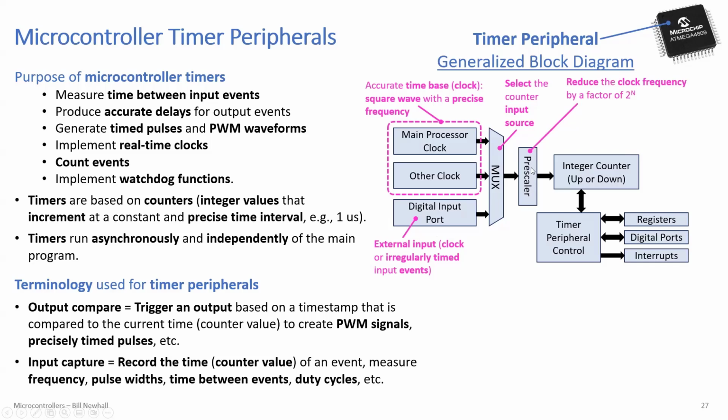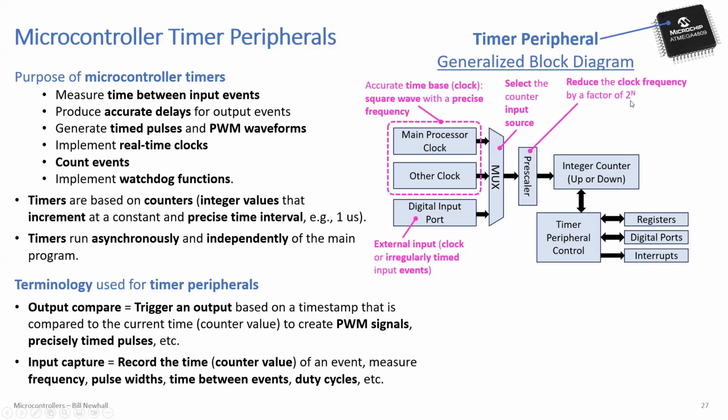Okay, so then we come to this block called a prescaler. It's interesting. Yesterday I had a conversation with someone in this class about prescalers, and this is exactly what a prescaler does. It reduces the clock frequency by a factor of typically 2 to the n. So 2, 4, 8, 16, 32, 256, 1024.